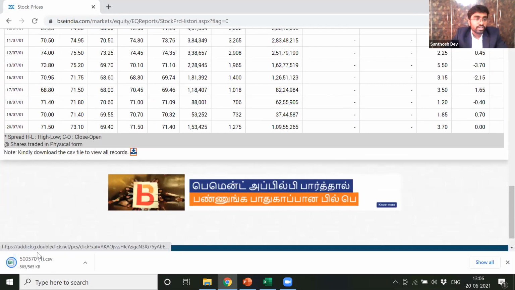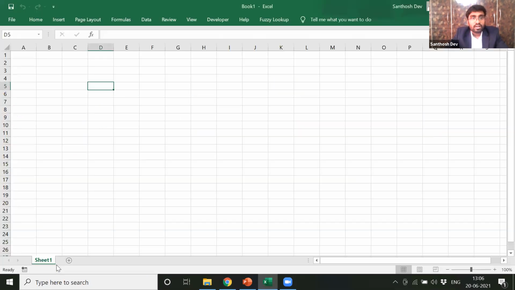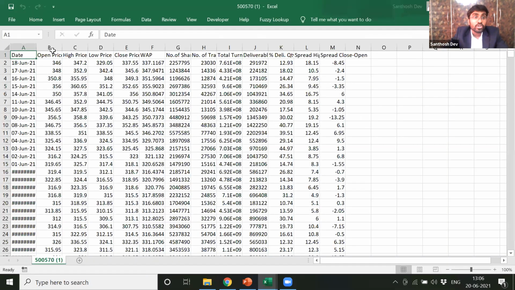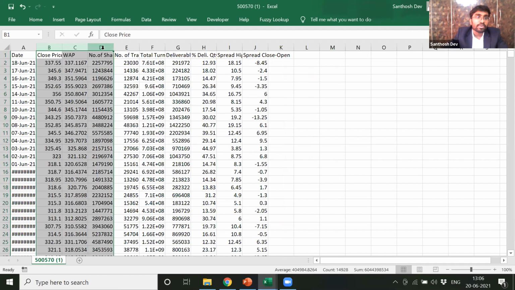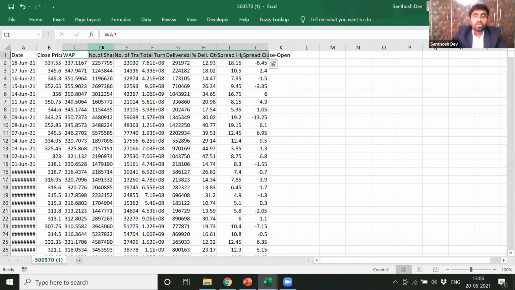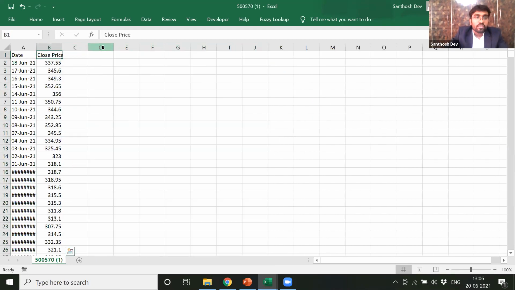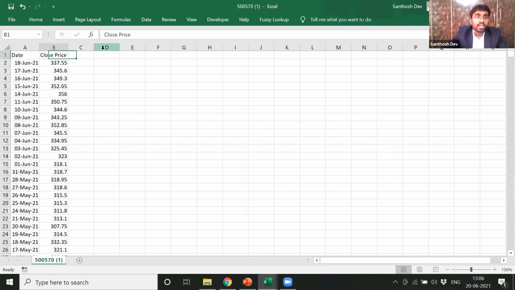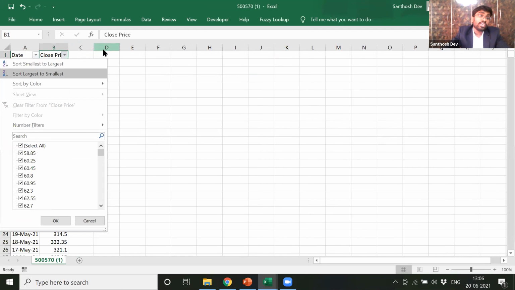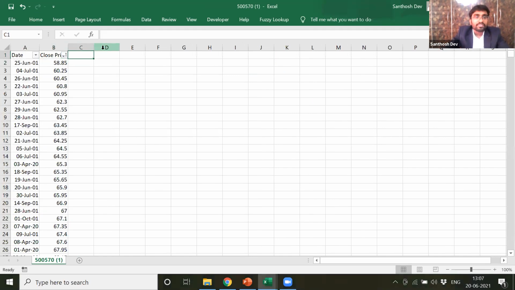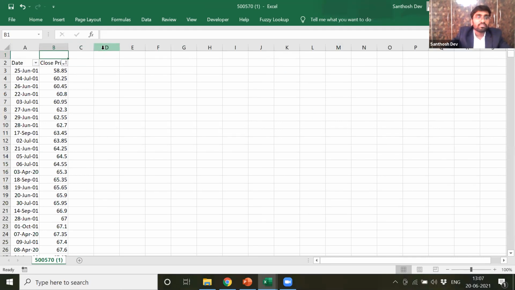I'm going to download it. I am going to take, as I told you, the closing price of this particular stock. This is in descending order. I'm going to just make it ascending order because the market data comes that way. So this is from Tata Motors.